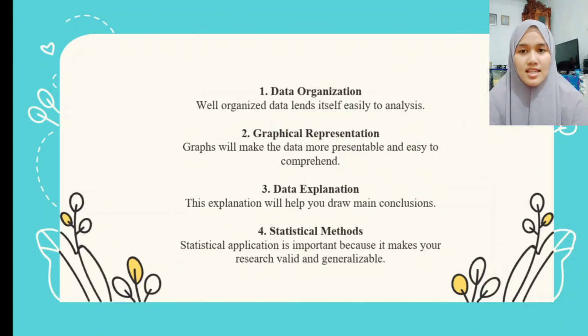The third step is data explanation. In this step, explain the data that is present in both tabulated and graphical forms. This explanation will help you draw main conclusions. Explore the graphs and tables and find out how you can write down the interpretation of your research study.